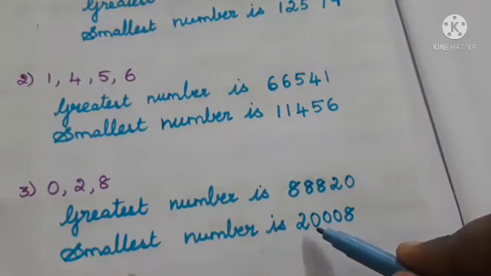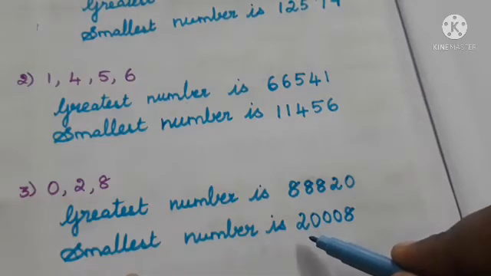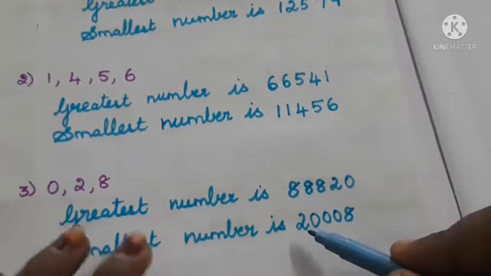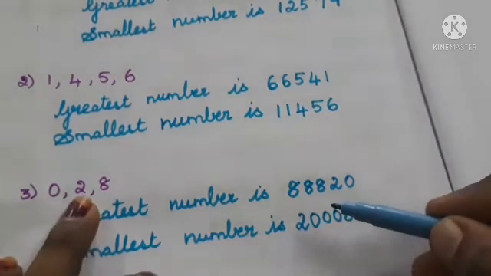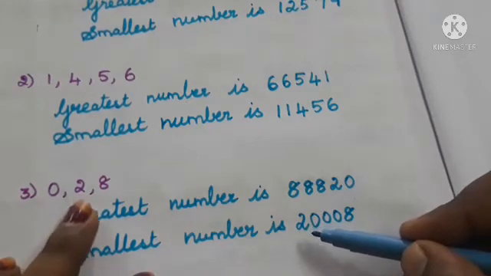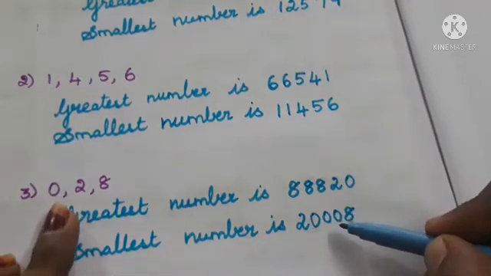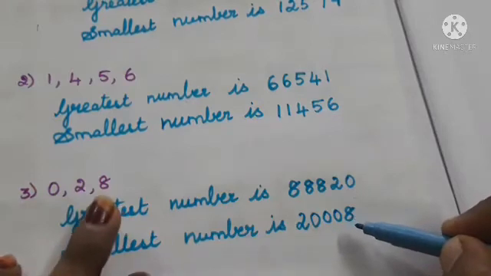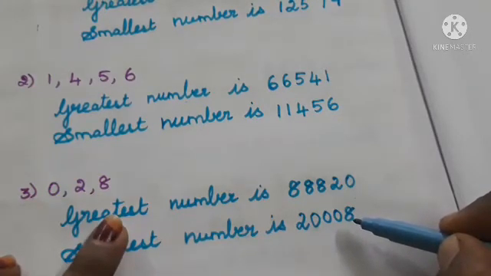Don't write the 0 at the first because 0 has no value. Next we have to write the second smaller number, which is 2, isn't it? So we write the 2 at first and repeat the zeros for 3 times, and at the last we write the greatest number. Okay, have you understood this?